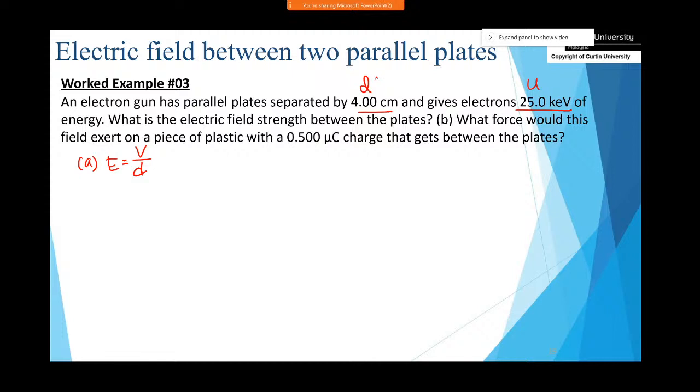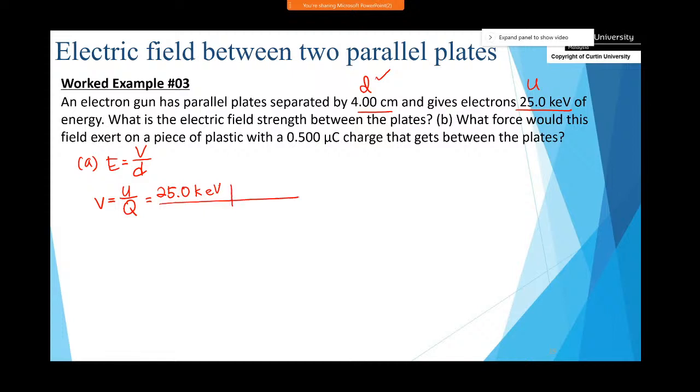So we have the value of d, but we do not have the value of volts. The voltage is given by energy divided by point charge. So the potential energy is 25 kilo electron volts.